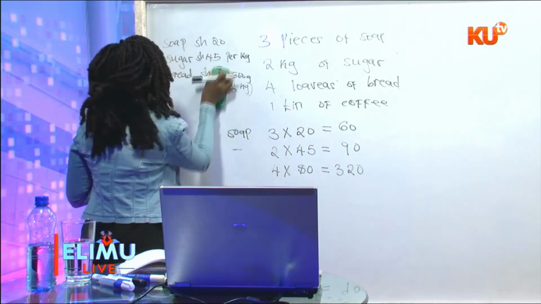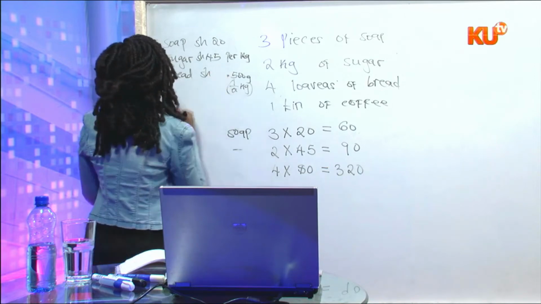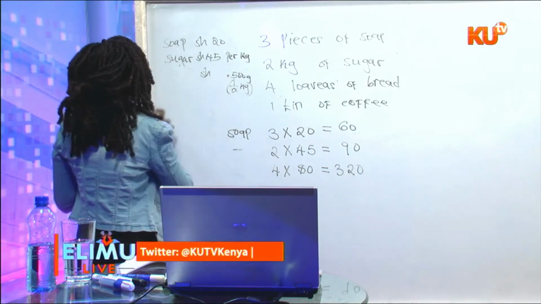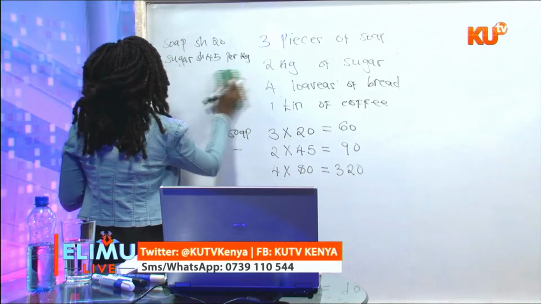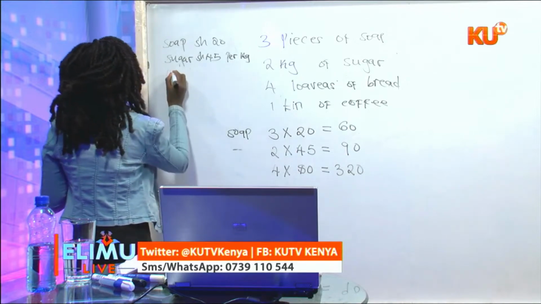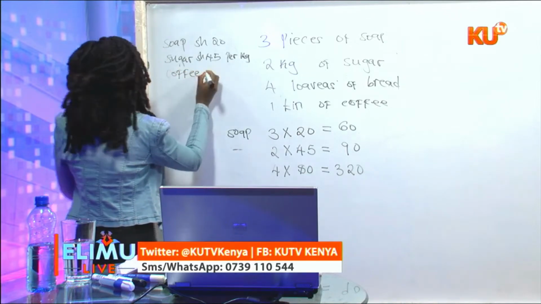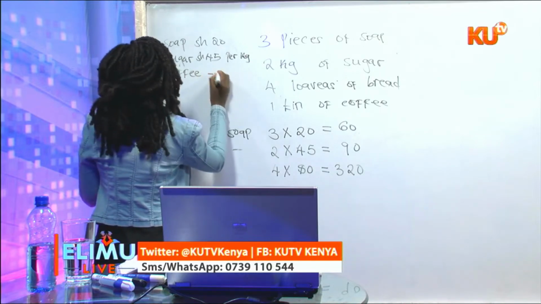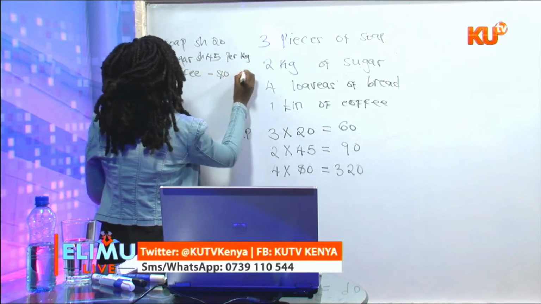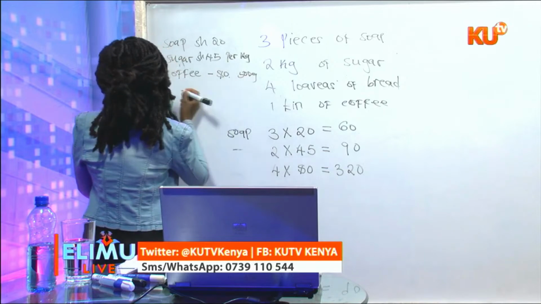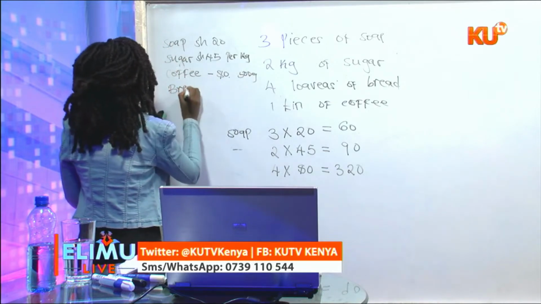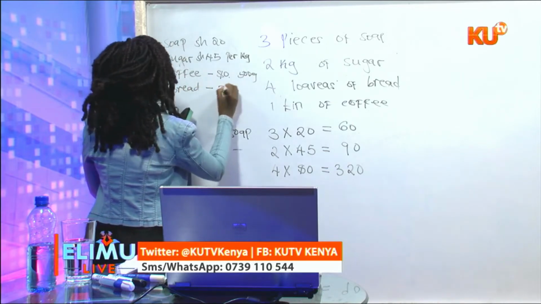Wait, sorry. Bread costed 20 shillings. This was coffee. Let's correct here. So coffee was 80 shillings per 500 grams. Sorry for that. And then we had bread, which costed 20 shillings per loaf.